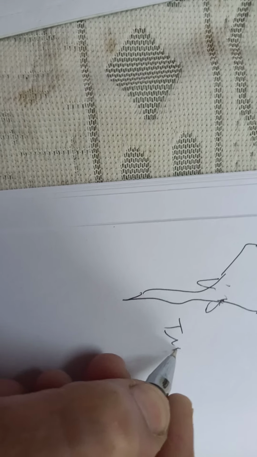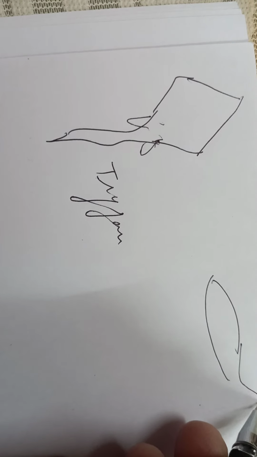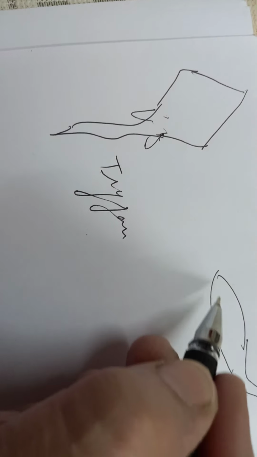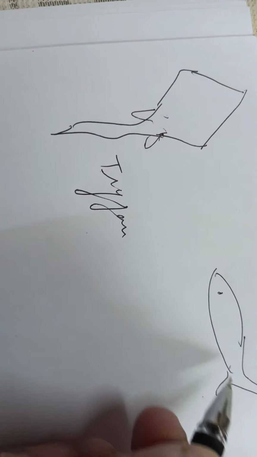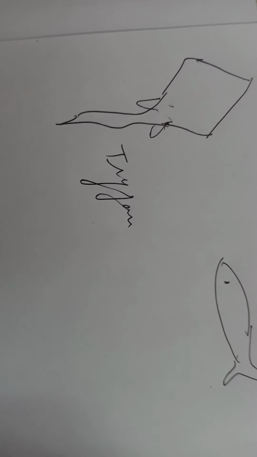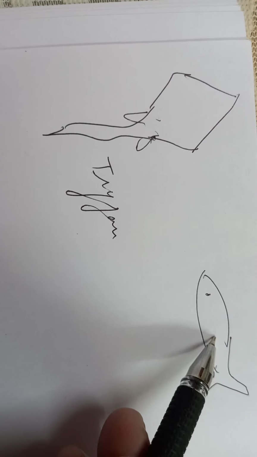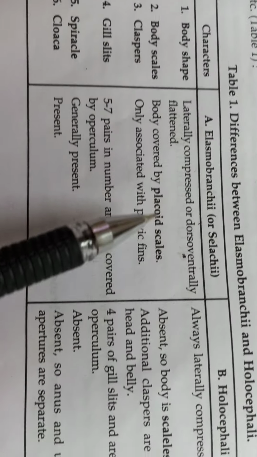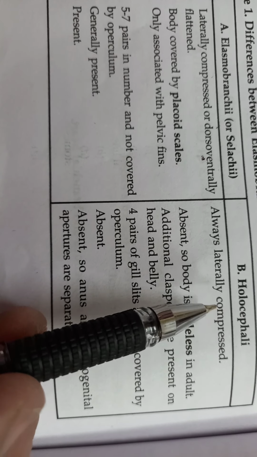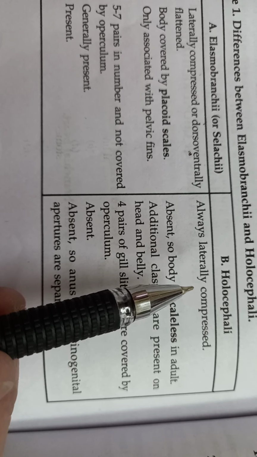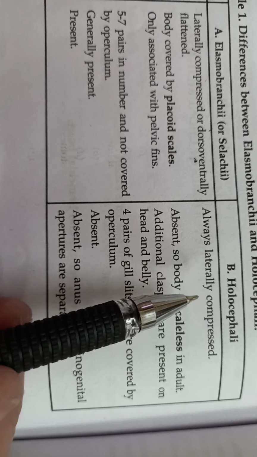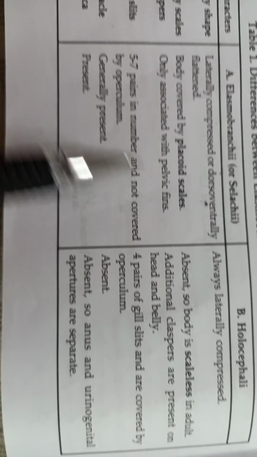The Trygon means the Trygon type of fishes, whereas the Scoliodon I have already shown you. You can see the specimens you have seen. They are these type of fishes having different types of scales, etc. Their body is laterally compressed. Whereas in the Holocephali, another subclass, the body is always laterally compressed, so they don't have a dorsally flattened body.